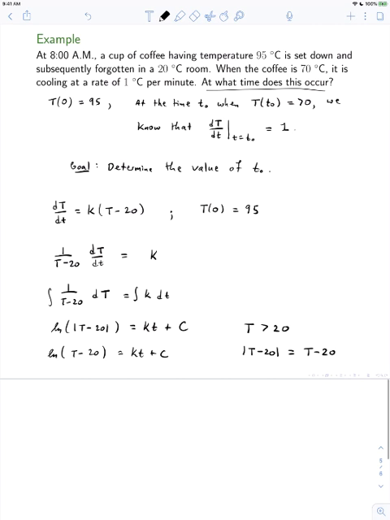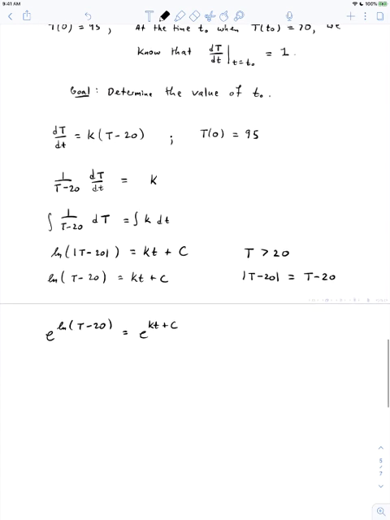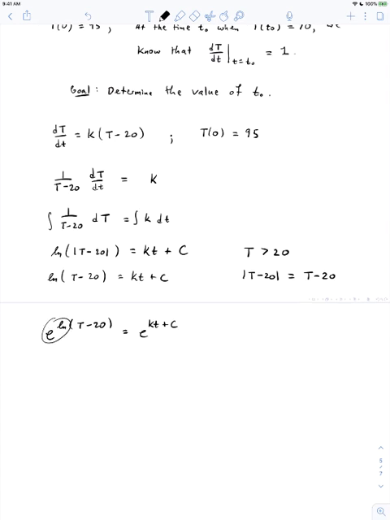Now we exponentiate both sides, as we've done before. e to the ln of T minus 20 is equal to e to the kt plus c. The e and the ln cancel. So on the left you just end up with T minus 20. And this is equal to e to the kt times e to the c.